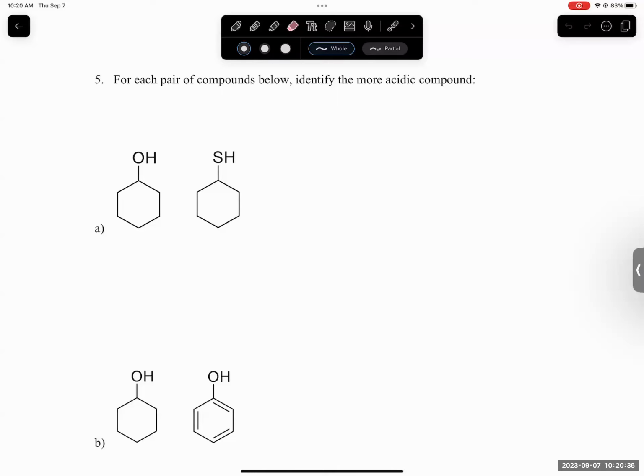Let's look at the conjugate base to determine which one's more stable, because acid strength is indirectly proportional to the strength of its conjugate base. We can't really tell how strong the acids are just by looking at them. We have to look at how stable their conjugate bases are. So what's the conjugate base for the first one, and how do we know?